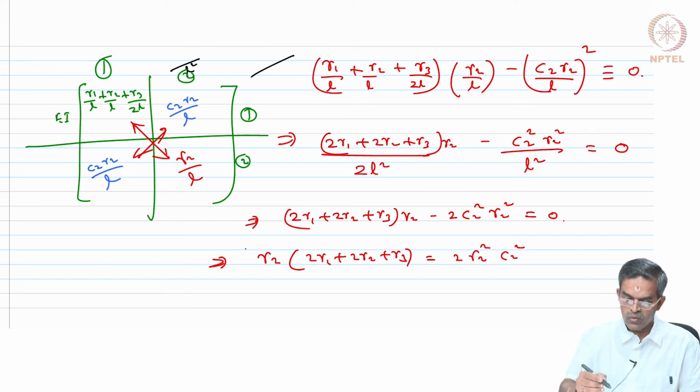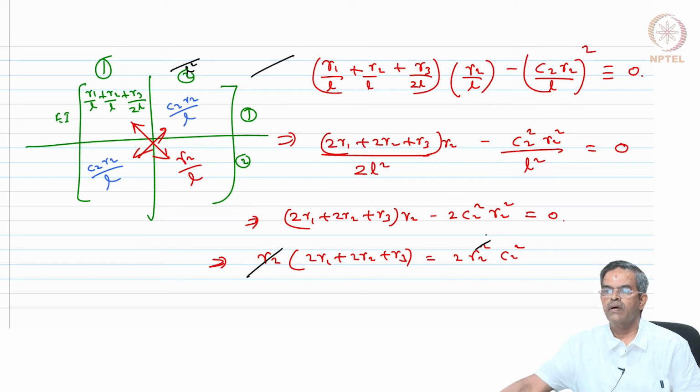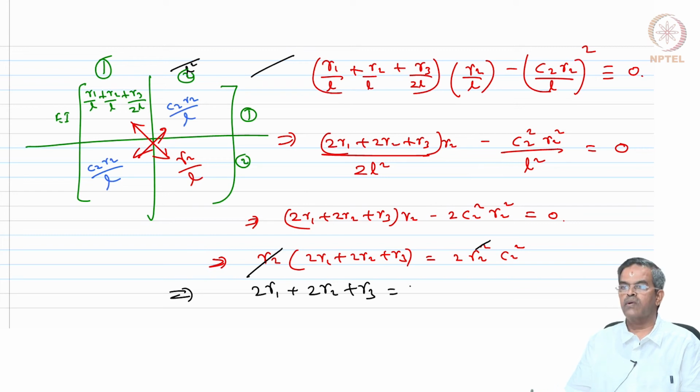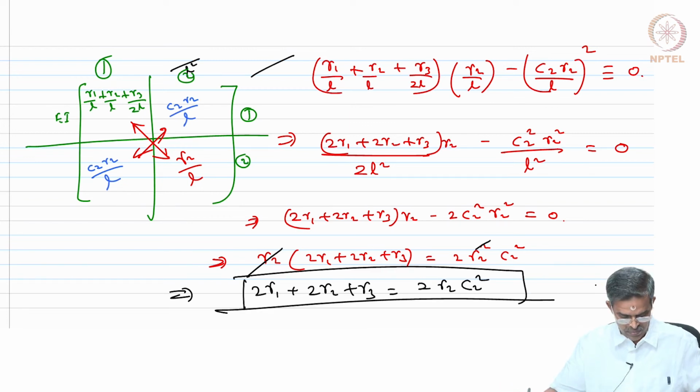So, let us say R2 goes away, okay, R2 goes away, we can say 2R1 plus 2R2 plus R3 is equal to 2R2 C2 square. So, that is my characteristic equation, the control equation to develop this.